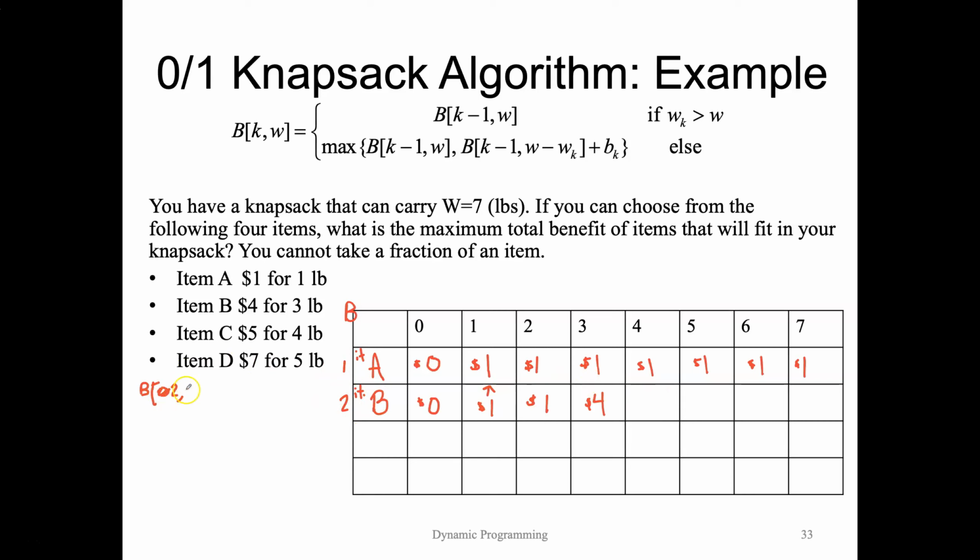So for this cell, we're trying to fill in what's the best amount of money we can make, selecting from only the first 2 items, and our backpack can carry 4 pounds.